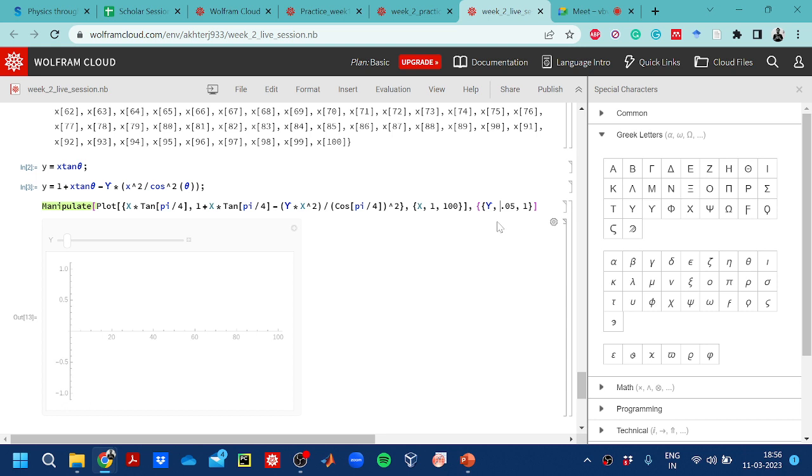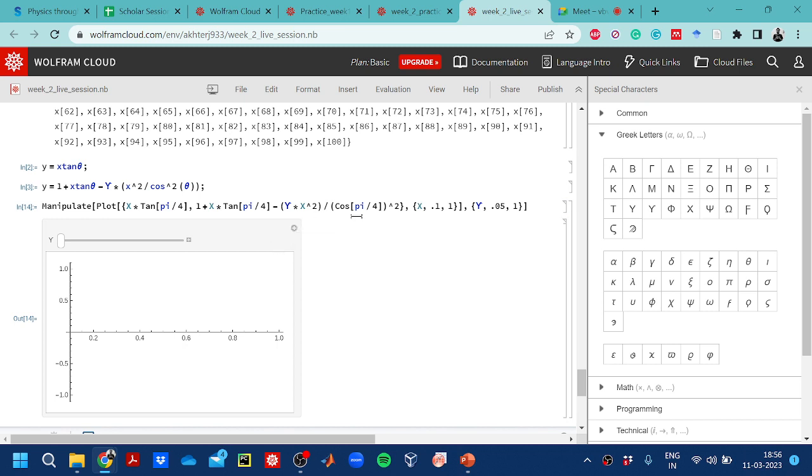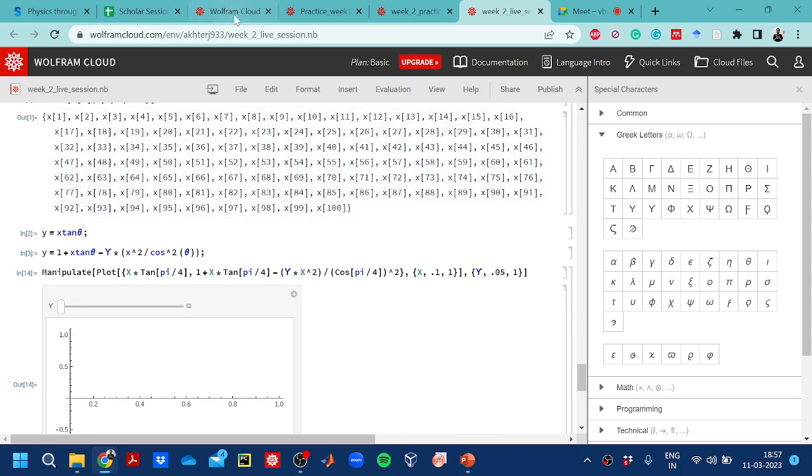Gamma is 0.1. This is the limit of x. Minus x square.